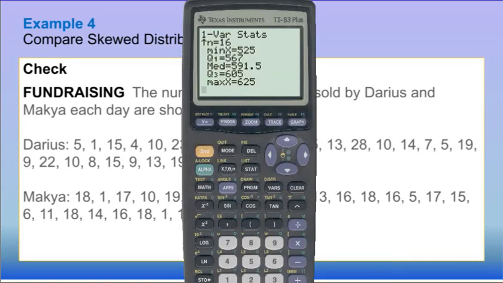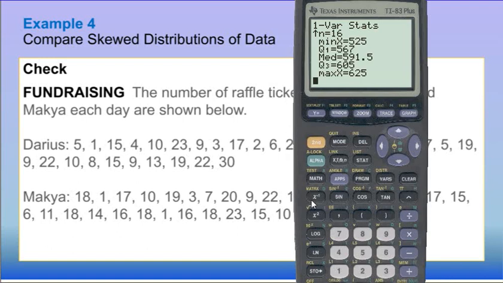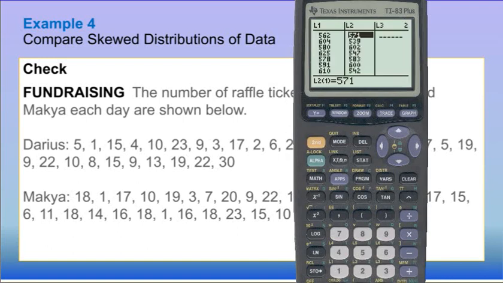The first step is to enter them into our calculator. So we'll grab our calculator here, hit stat, edit. We're going to clear what we have in here. Okay, so Darius will be the first one.